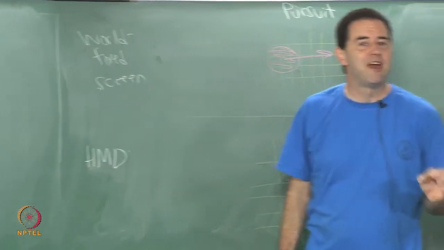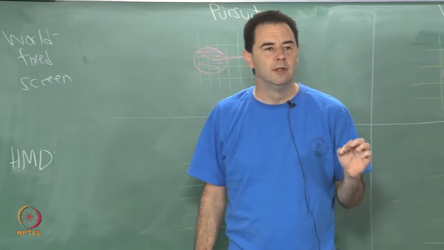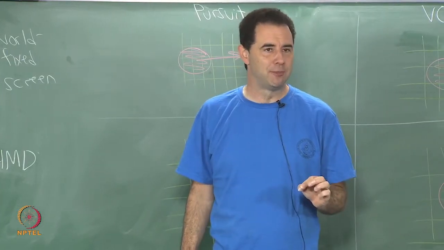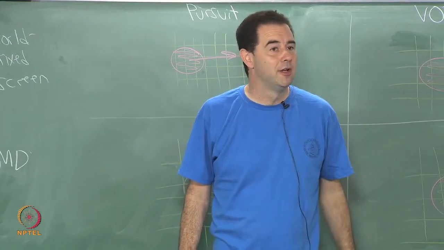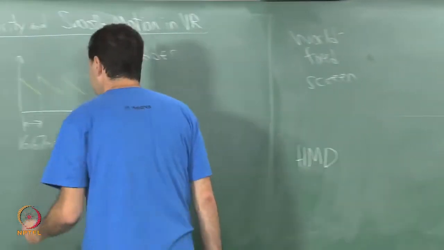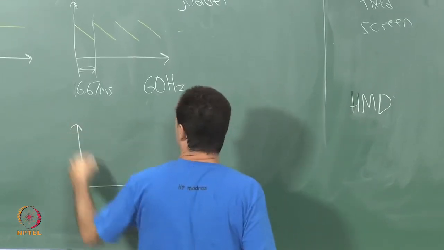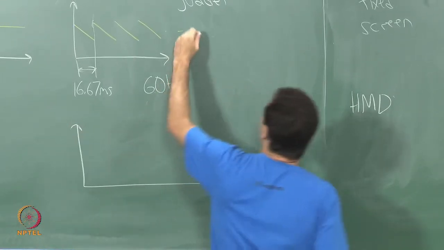Now remember I said that you could flash the screen on for as little as 1 millisecond, and that will be enough to trigger your photoreceptors. So that's what I could do here, and that should help with this judder problem. This is the always on case.